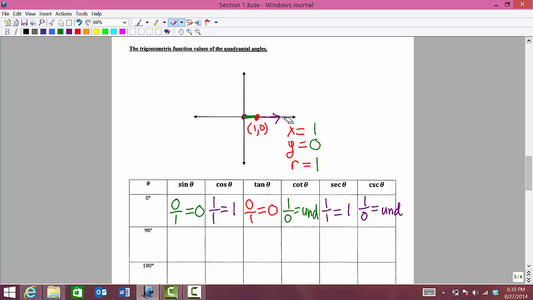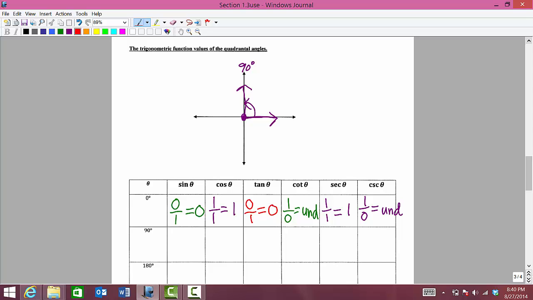Now we're going to do the same thing, but this time we're going to work with our 90-degree angle. And our 90-degree angle, we're going to put that in standard position. So there's our 90-degree angle.